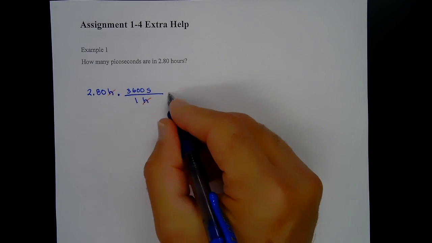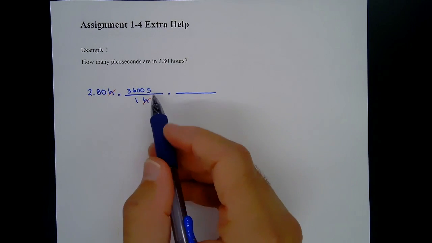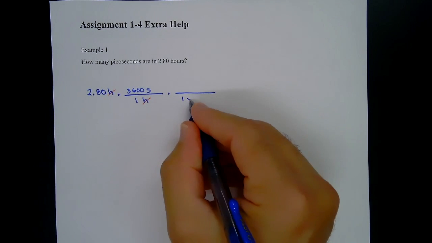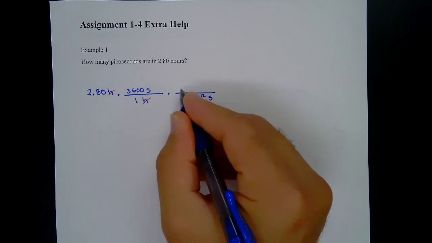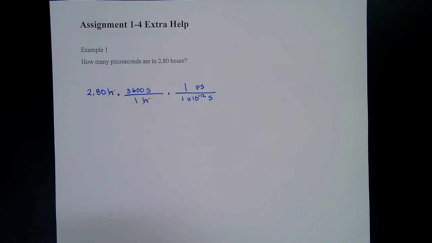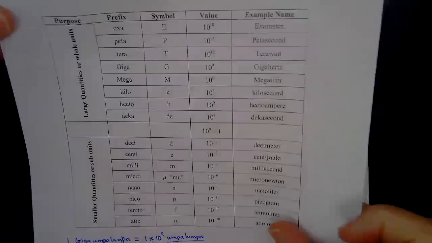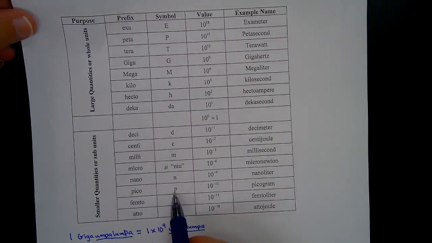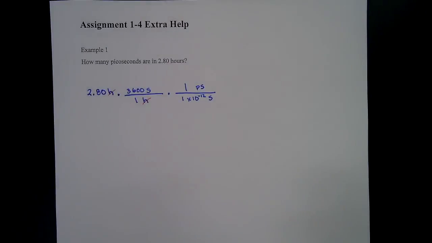So we're going to multiply this by, we want seconds, and 1 times 10 to the negative 12 seconds is 1 picosecond, with a lowercase p and a lowercase s. That's one of the reasons why I went over all these symbols with you. A lowercase p is pico, and the lowercase s is seconds.